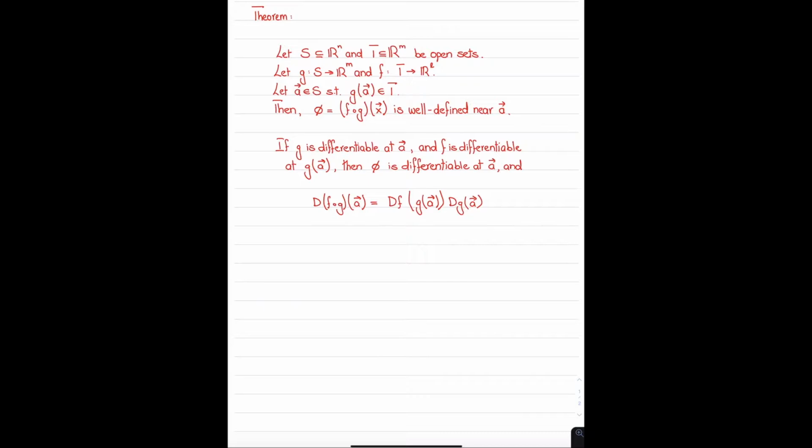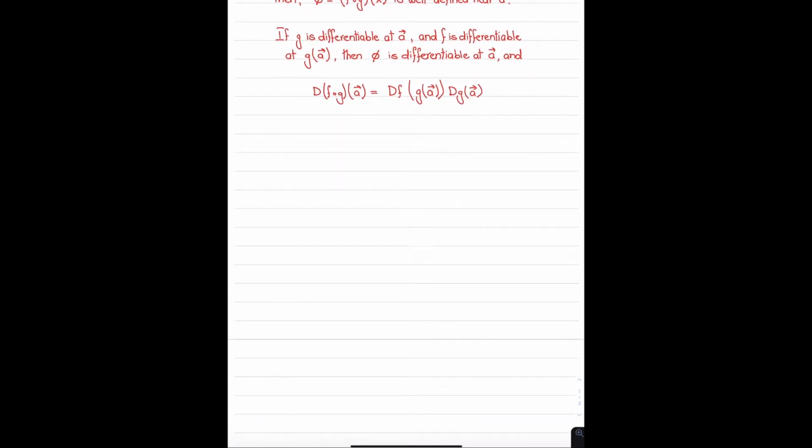So first of all, the definition that you study in high school is that f is differentiable at a particular point if the limit as h approaches 0 of f of a plus h minus f of a divided by h exists, and let's say it's equal to a particular number. In this case, let's say it's equal to m. Now let me just show you an equivalent definition.